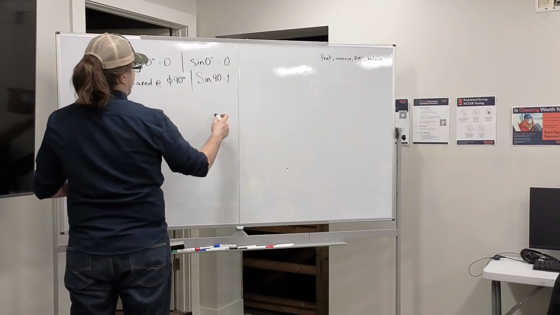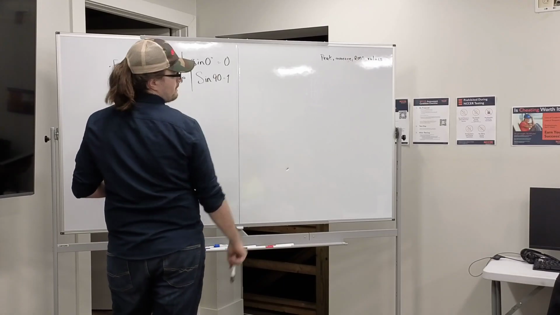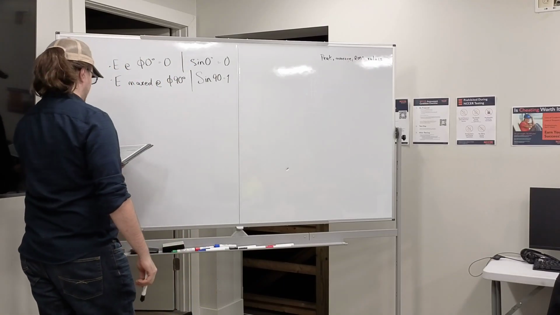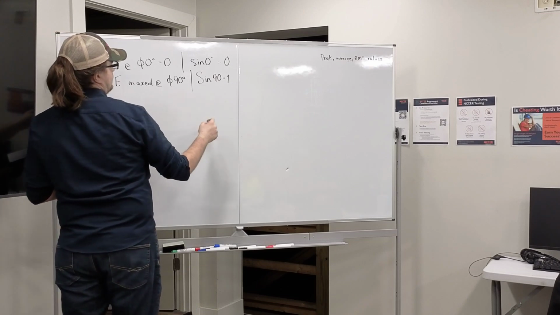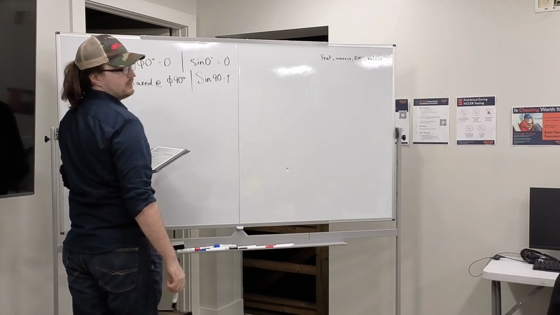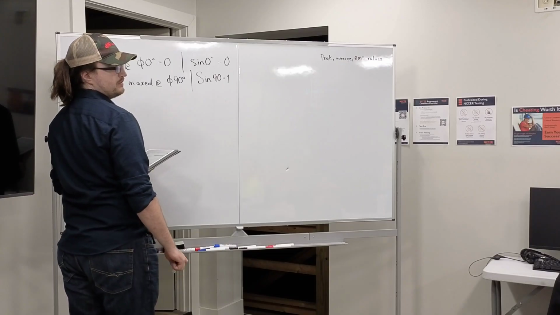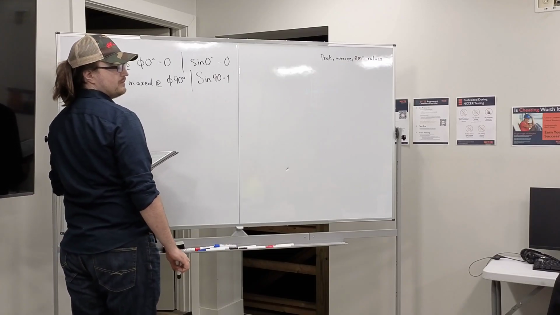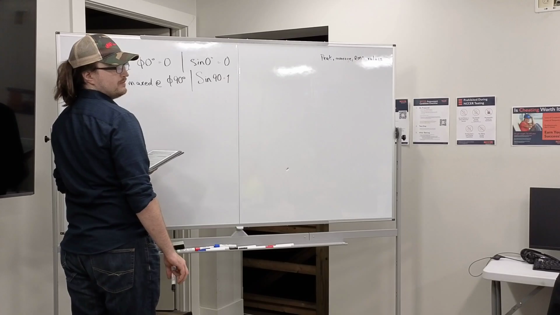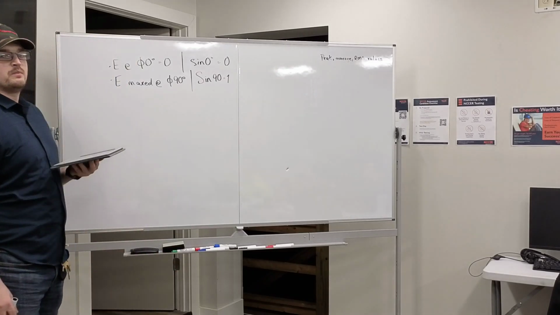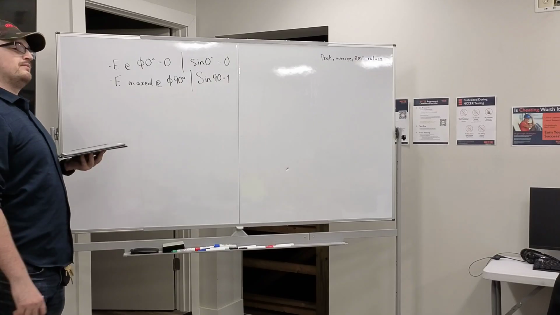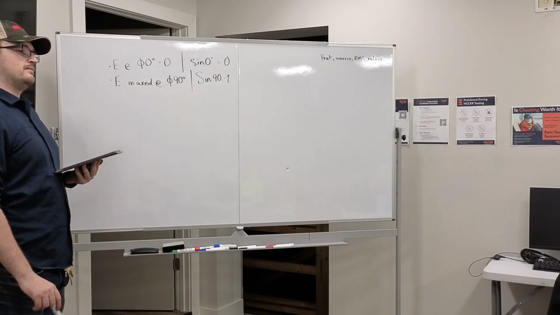What happens when you get to the other side? It goes negative. Yep, so that means the sine of 270 is negative 1. Whenever it's negative, that doesn't mean it's pulling the power back.